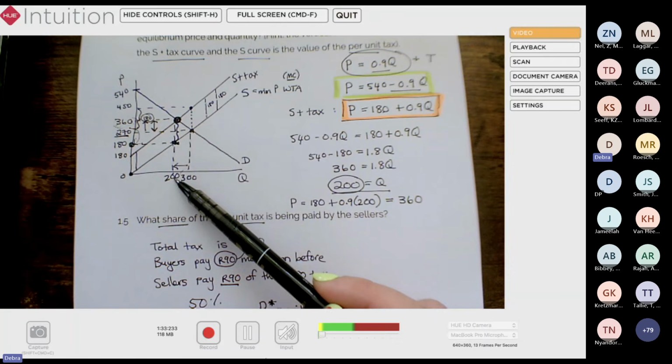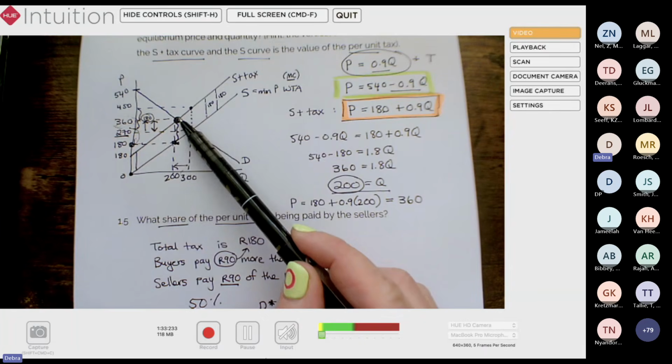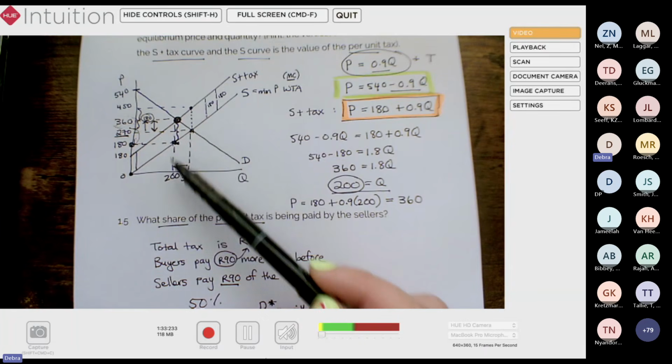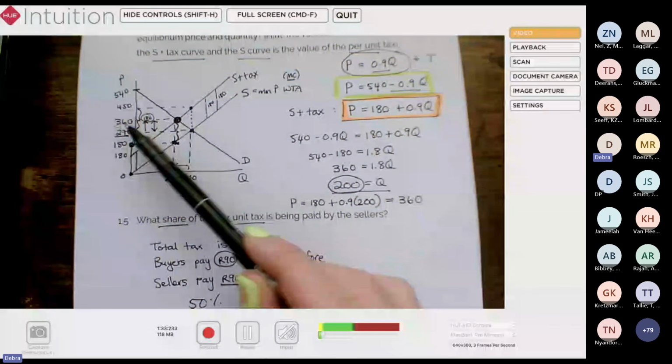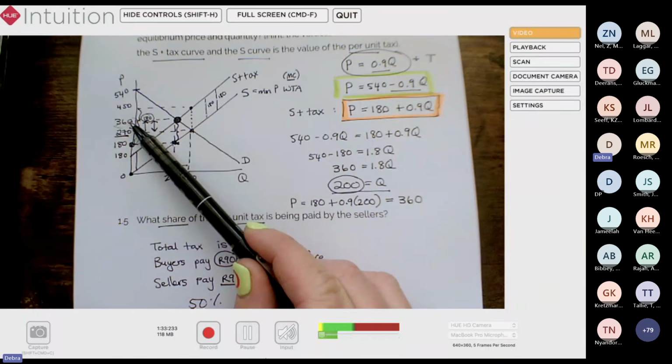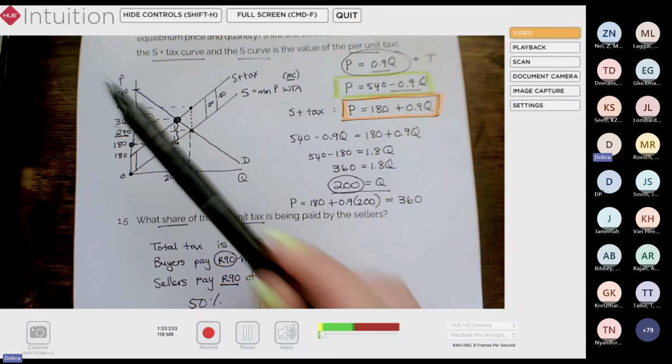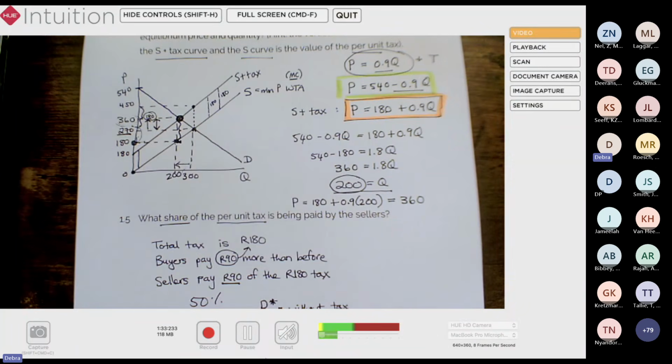So this tells us that after the tax, 200 lobsters are bought and sold, and each lobster is sold for a price of 360. If you wanted to know how much in total sellers of lobsters are making from lobsters, that is a different question.